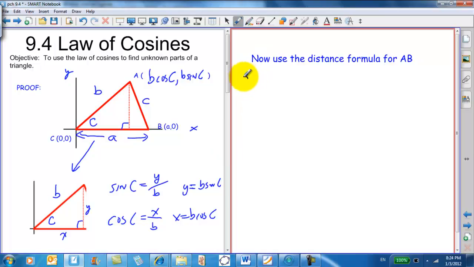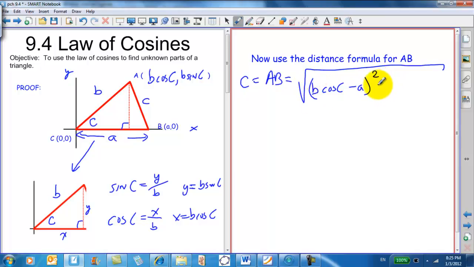Now we can use the distance formula from A to B to figure out what that length c should be. So c is the distance from A to B, and that should equal the square root of the difference in the x-coordinates, so that's b cosine C minus a, all that quantity squared, plus the difference in the y-coordinates, that's b sine C minus 0 quantity squared.